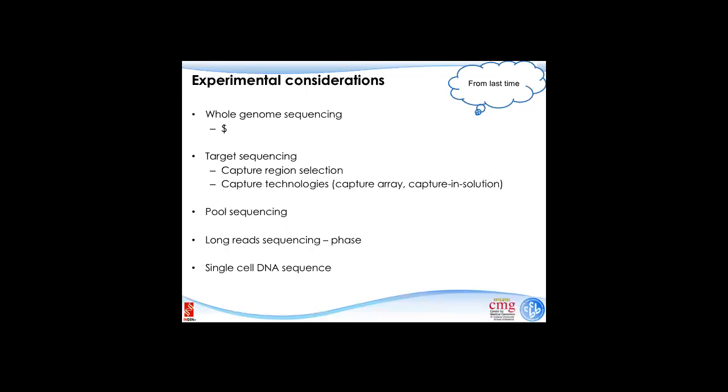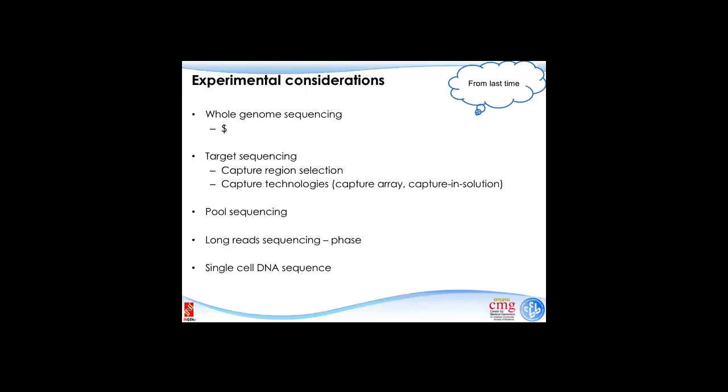But the idea is that this is probably for research. If we want to do anything in a clinical setting, the cost is still pretty high. I think for clinical whole genome sequencing now, it still requires at least about $4,000.